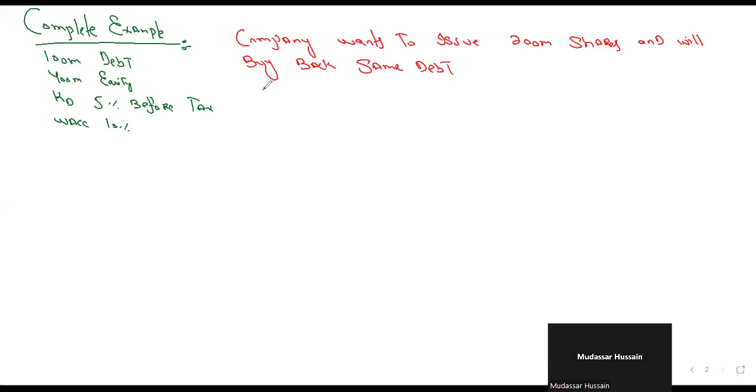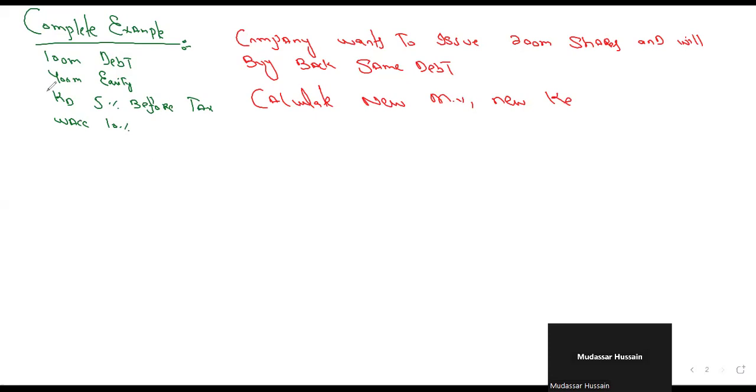The requirement of the question is to calculate the new market values and the new cost of equity. Very important question to understand.